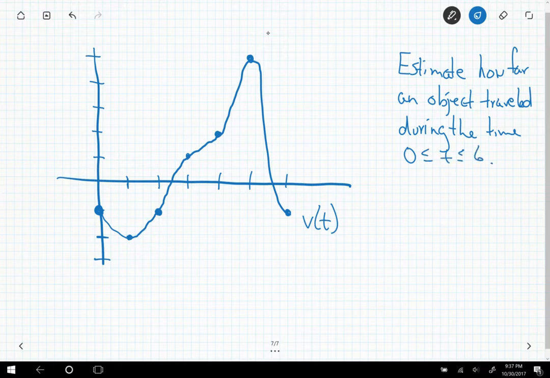And this is a velocity function. So, and what they want us to use is this left endpoint approximation. Let me actually change the color of this.